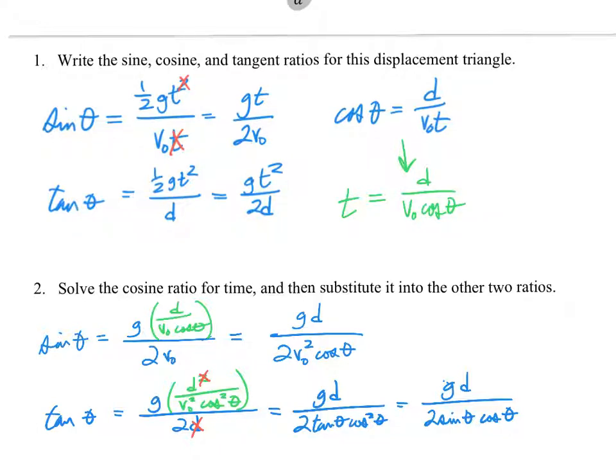Oh, I left the v naught squared out of there. Something's missing here. So those are just going to go back. You can squeeze that in at the end if you want. V naught squared.